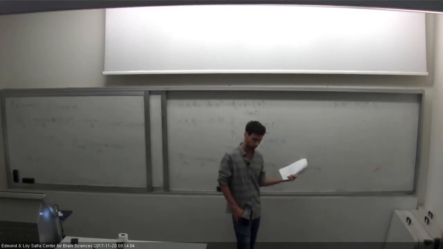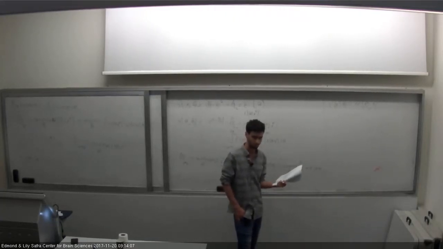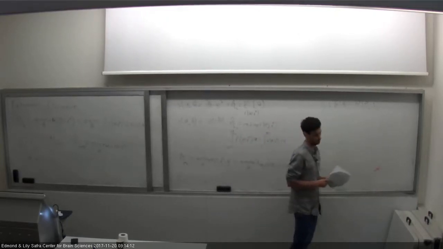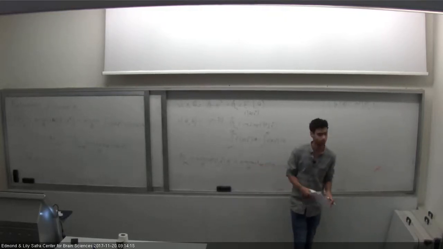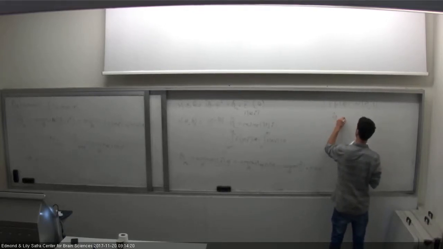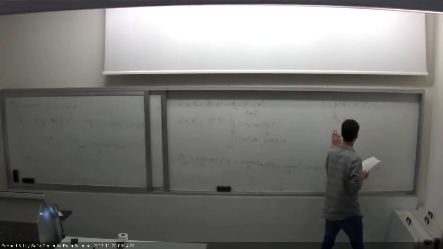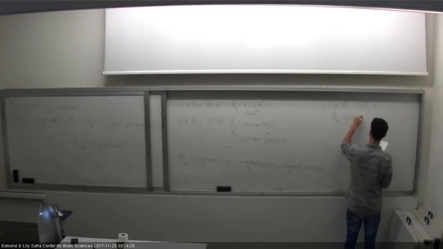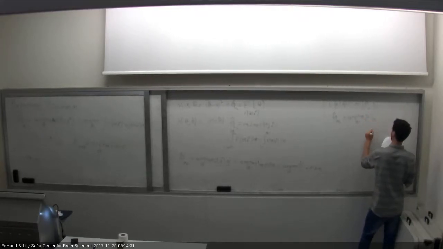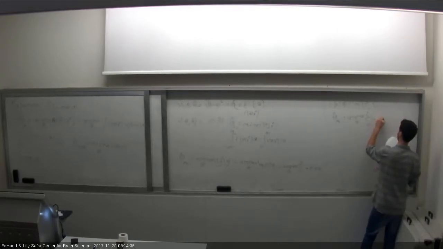So what we should do, just to put it in these terms: the maximum likelihood estimator is the argmax of the sum, over all the observations xi given theta, from 1 to n.